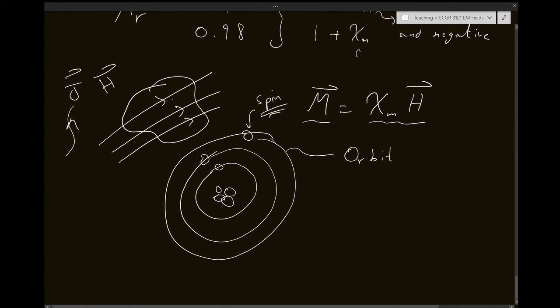And typically for most materials, and most materials are diamagnetic materials, those atoms are not magnets per se by themselves, meaning that the orbital magnetic moment exactly cancels out the magnetic moment due to the spin of the electrons.